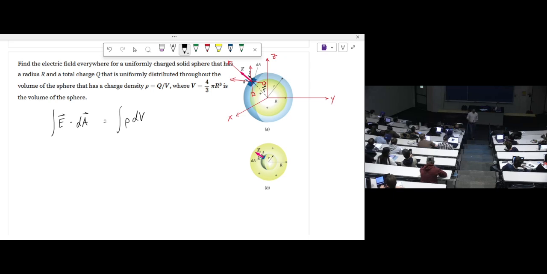Now let's pause for a moment and let me tell you a place that students tend to mess up when we do problems such as these, because we're going to do one after we talk about conductors. We're going to talk about slightly more complicated problems where you have layers of charge density.